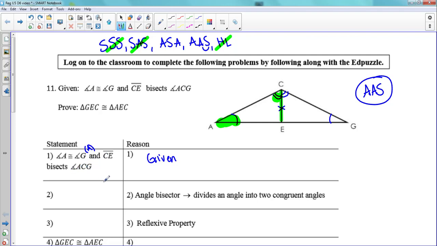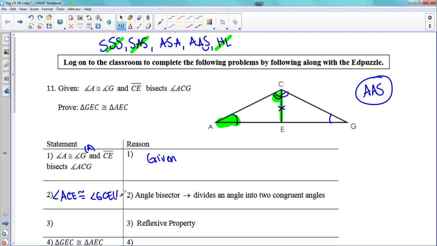So remember, that told me that these 2 angles were congruent because an angle bisector divides an angle into 2 congruent angles. So I see here if I have an angle bisector, then it divides an angle into 2 congruent angles is my reason. So this must be the statement that goes along with my marked congruent angle, angle ACE, congruent to angle GCE.